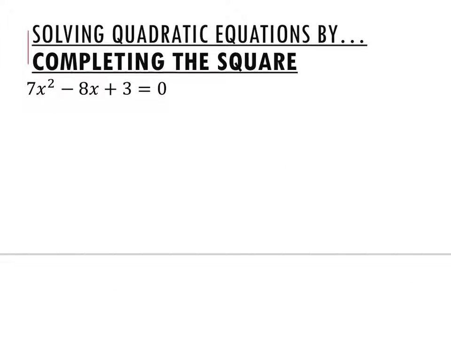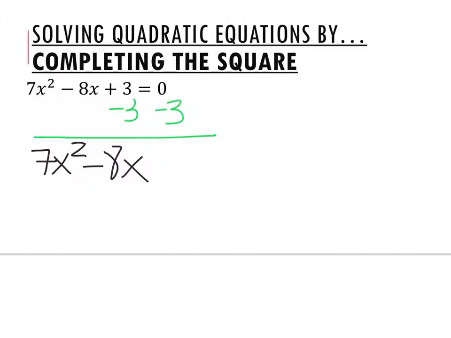Okay, so this one's a little bit more difficult. The first thing we have to do is get the two things that have variables on their own by themselves. So you would subtract 3 from both sides. So I end up with 7x squared minus 8x, and it equals negative 3.